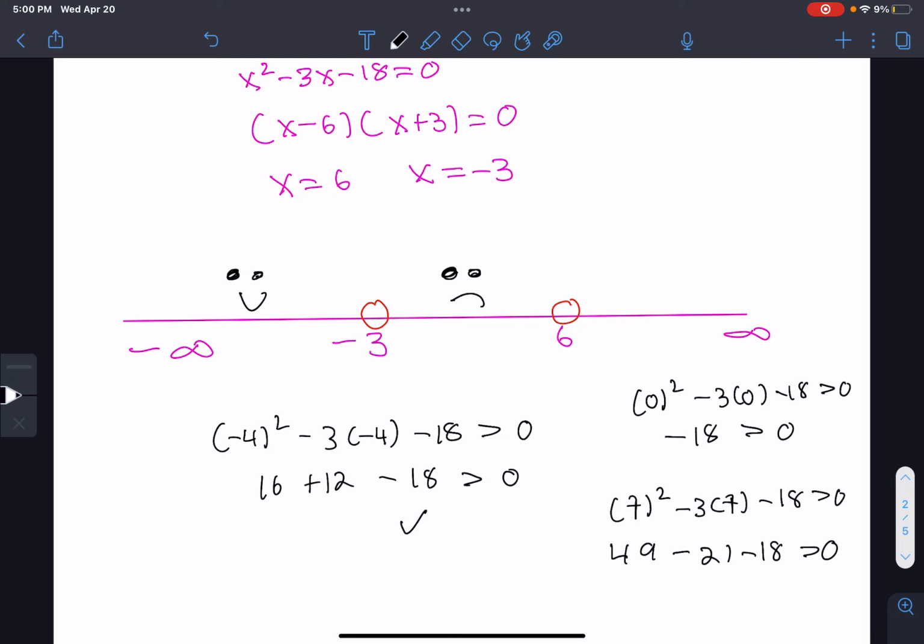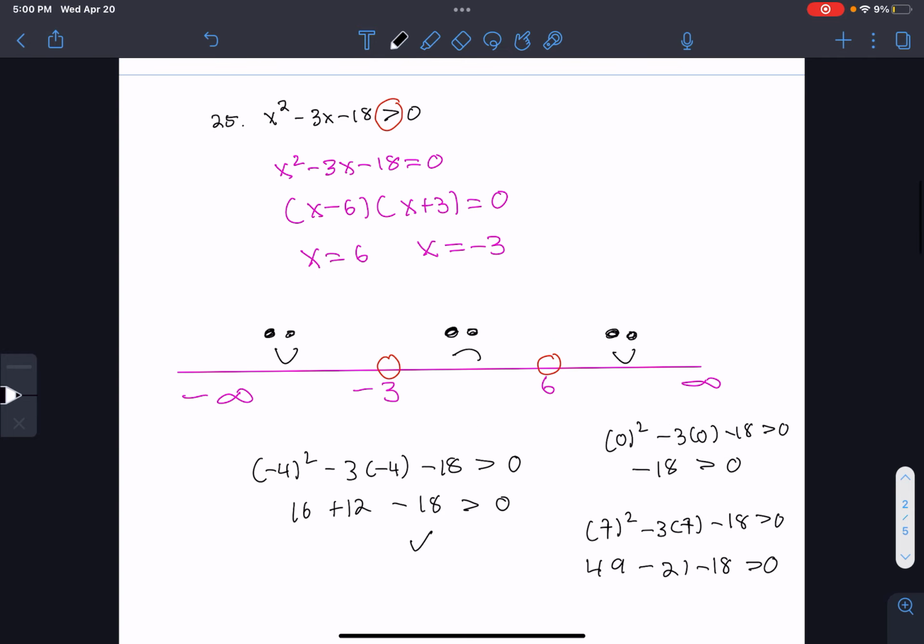Once again, 21 and 18 together, that's 39. So 49 minus 39 is still greater than 0. So this section works. So my final answer will be from negative infinity to negative 3, union, parentheses, 6 to infinity. And this is your final answer.